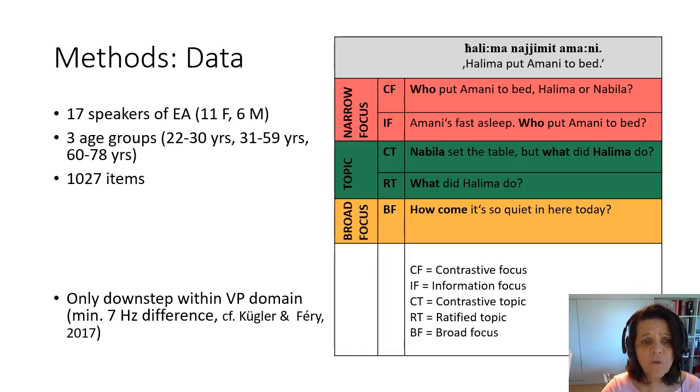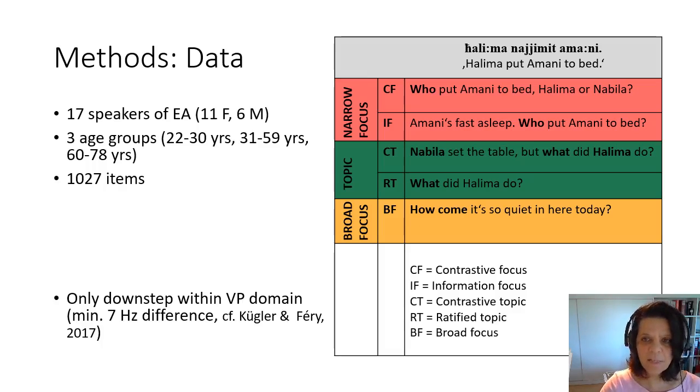Our data comes from 17 speakers of Egyptian Arabic, 11 females and 6 males, whom we roughly divided into 3 age groups, and we only used 1,027 items for analysis. We only used those items of the whole data set that exhibited a slight downstep within the VP domain to make the utterances comparable.